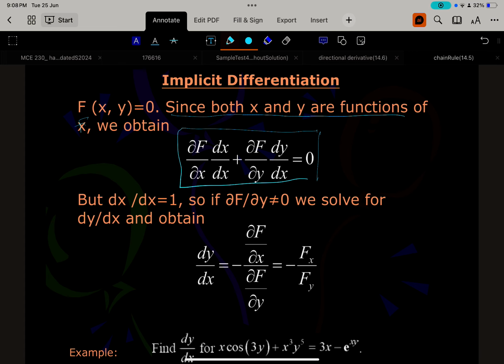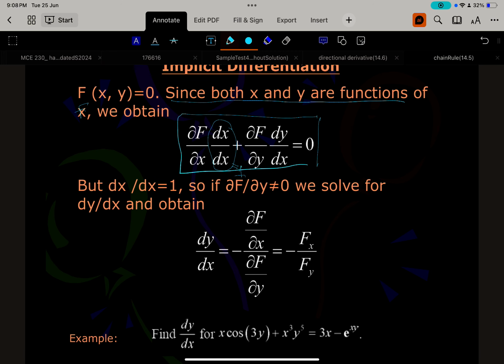Since x is a function of x and y is a function of x also, dx over dx is equal to 1. And if we assume that the partial derivative of f with respect to y is not 0, then we can solve for dy over dx, which is what we want.